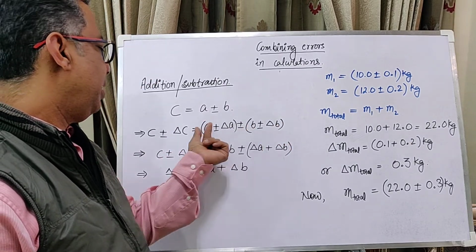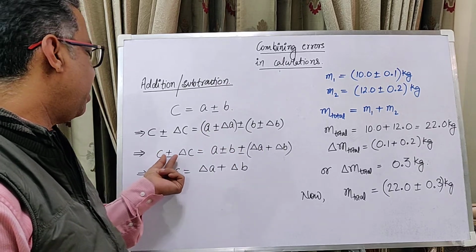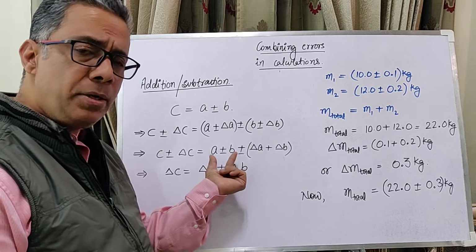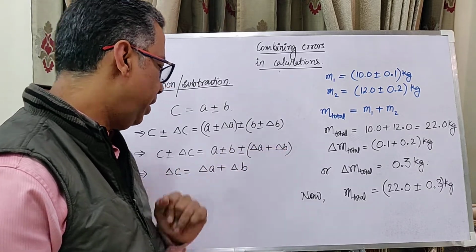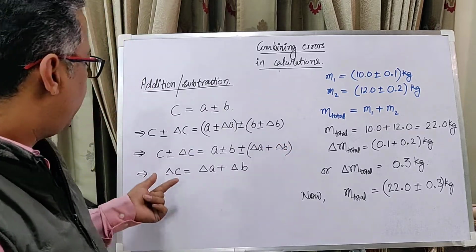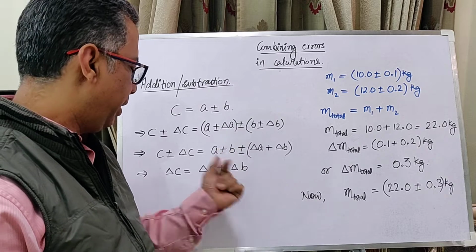We take A and B out separately, and so we have C plus minus delta C equals A plus minus B, plus minus delta A plus delta B. So delta C now is equal to delta A plus delta B.